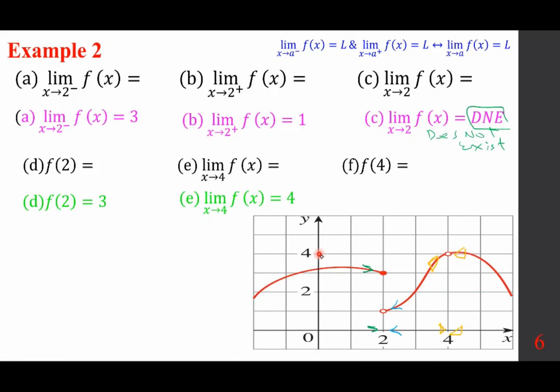So the limit does exist. But what is f of 4? When I look at 4, I don't see any solid point, and therefore it's undefined. I need a solid point, and it makes it discontinuous at that point. A concept that is coming up later on.